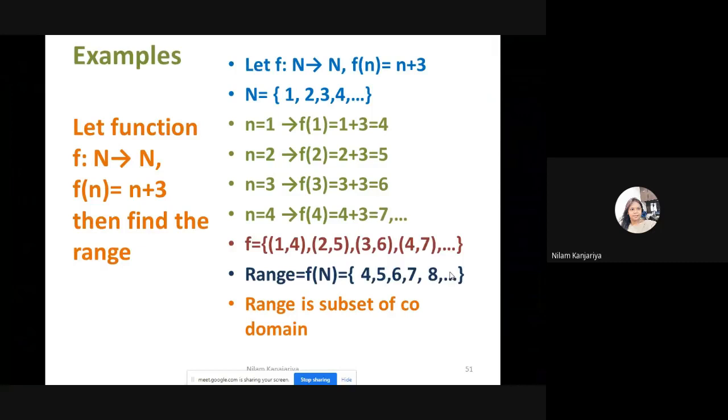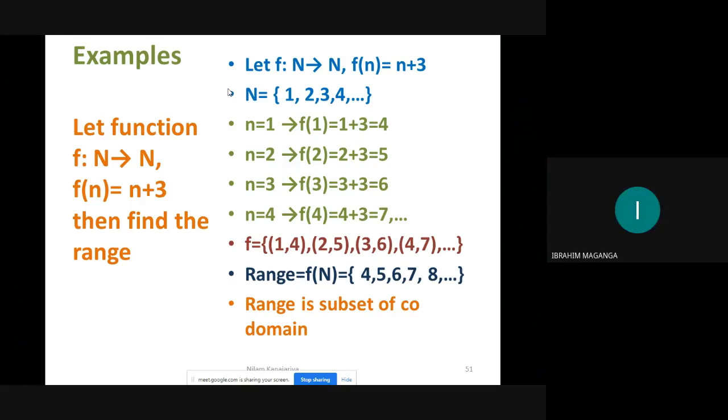Now in this example, the same function N to N, and the function given is n plus 3. Here we find the value of range. So what do we do? N is the set of natural numbers, and n has values from 1 to infinity. Putting the values one by one, we get the function.